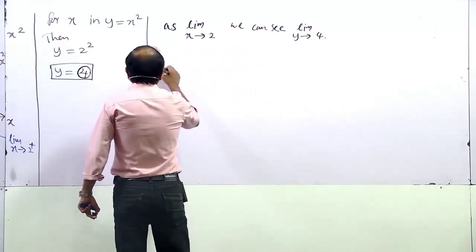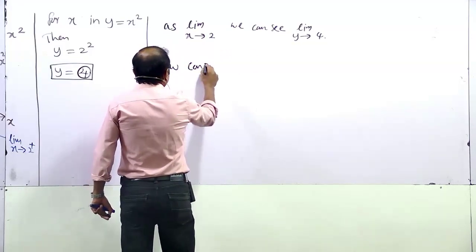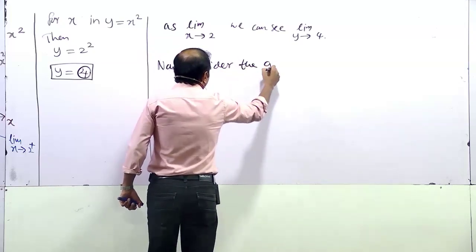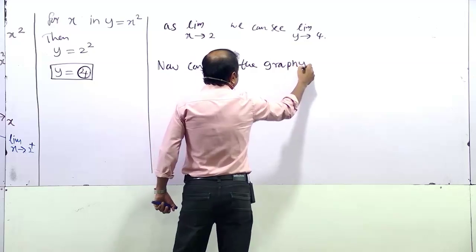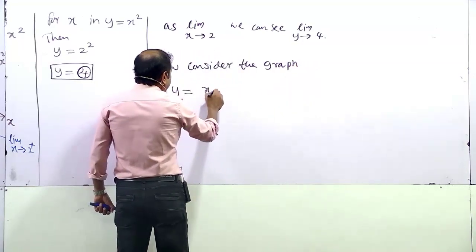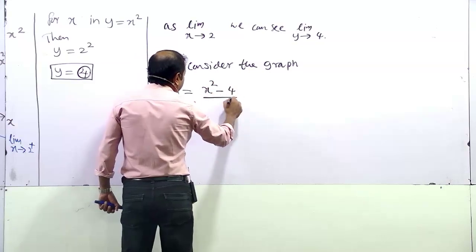Now consider the graph y equals x squared minus 4 divided by x minus 2.